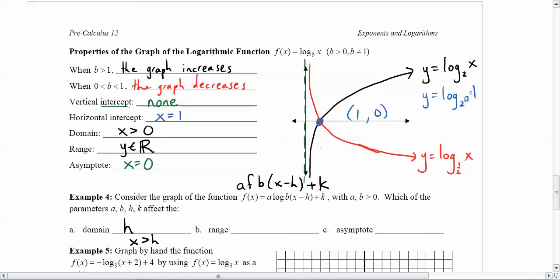Can B affect the domain? If you expand the graph horizontally, will the domain change? No, because the asymptote would still stay in the same place. What about if B was negative?